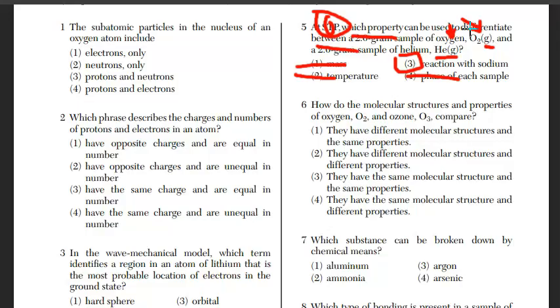How do the molecular structures and properties of oxygen as O2 and ozone as O3 compare? Now, these two would be known as allotropes. And it's interesting because New York State, in all these years, will have a question like this about allotropes on the test, but never use the word allotrope, which, again, I find is odd.